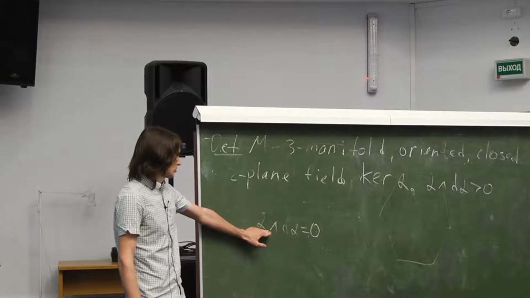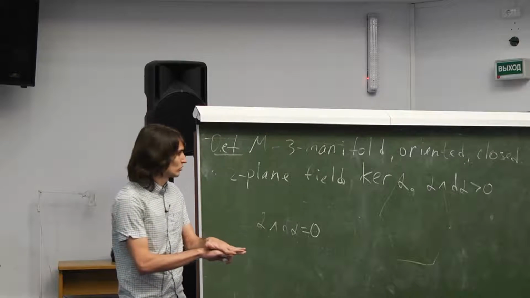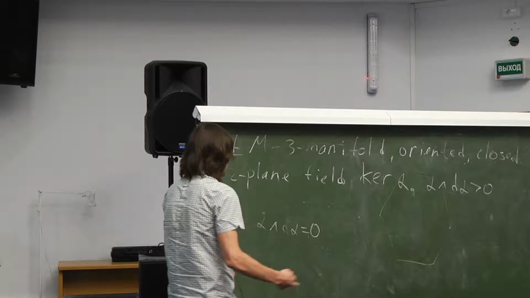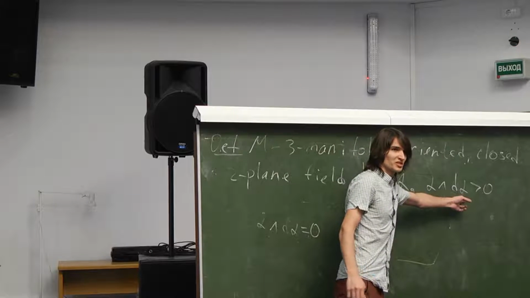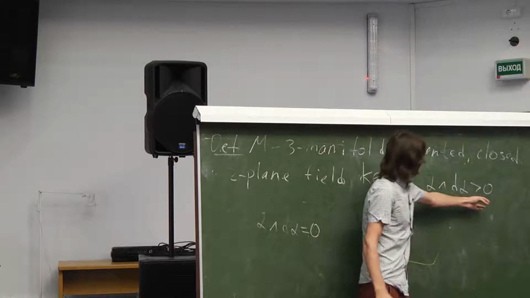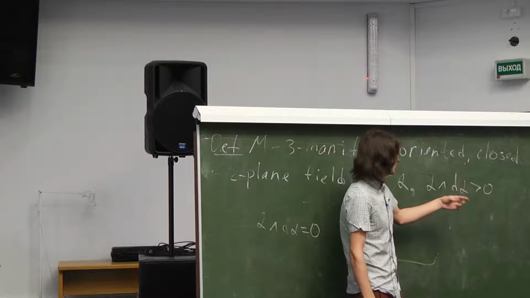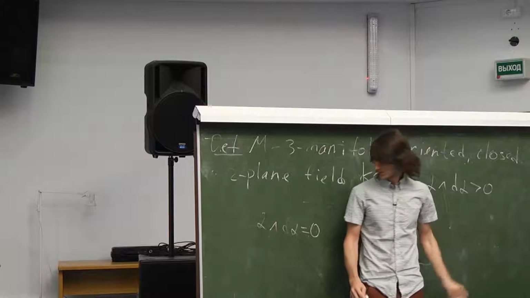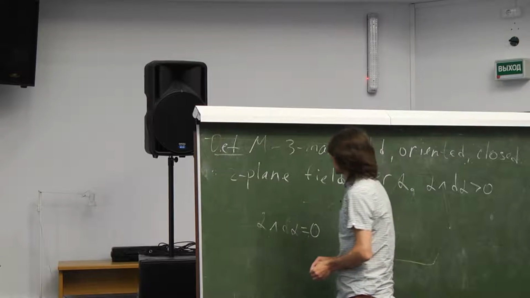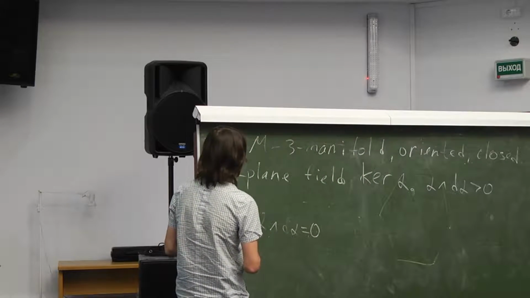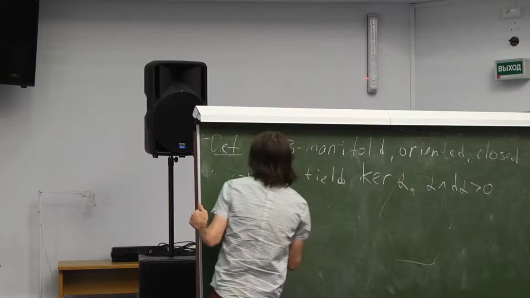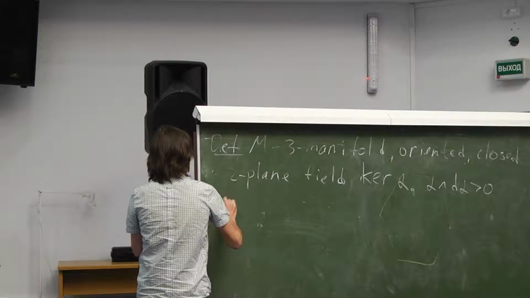So the kernel of the one form is the tangent plane to the leaf. And our condition is non-integrability. So this is a volume form multiplied by some positive function. So this is a contact structure.